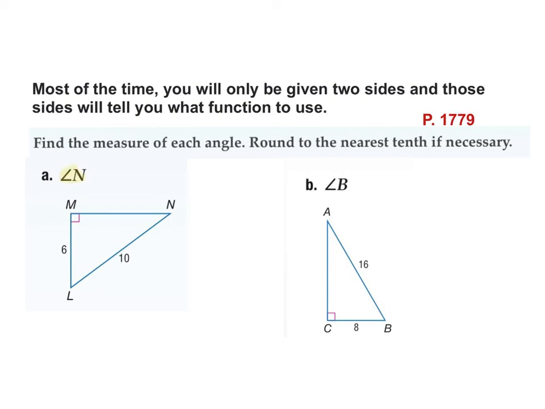Okay, I'm looking for angle N. Which sides am I given in relationship to N? Opposite and hypotenuse. Which function should I use here? Sine. So I should use the inverse sine to find angle N. Then you would go through that same process over here for this triangle. So go ahead and do those two problems.